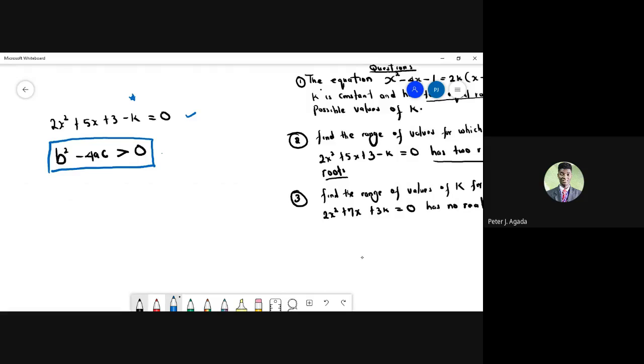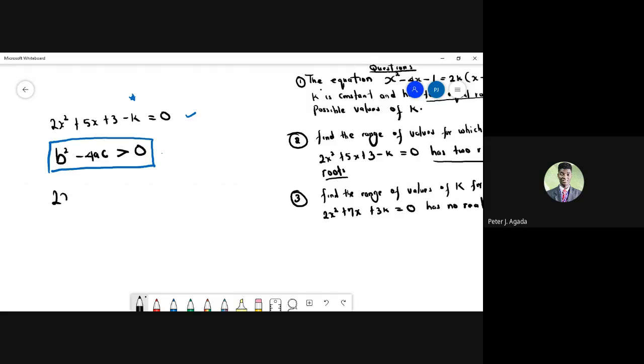Okay, so now let's see what our a, b, and c can actually be from this equation. So I'll write my equation again, and we can write the general quadratic equation, and then we can substitute directly. If you're lucky enough, your quadratic equation can be in a simple form already. You may not have to simplify anymore. Just find the value of all the coefficients of the quadratic equation, and then substitute directly into your formula.